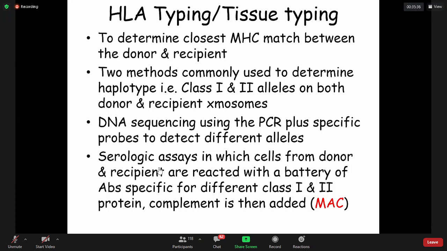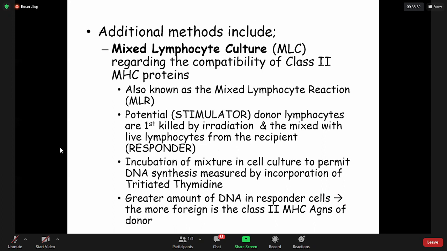We use molecular methods, which could include DNA sequencing, or serologic assays. Just remember those two. There are other methods that you will read about if you are really an A student.